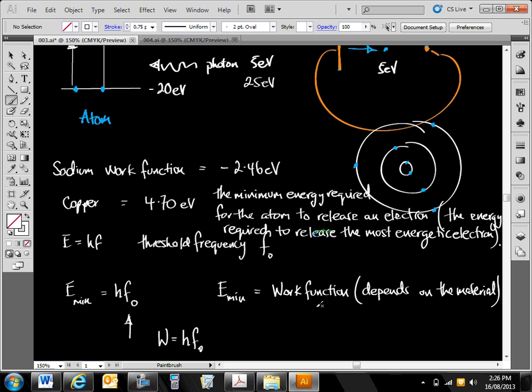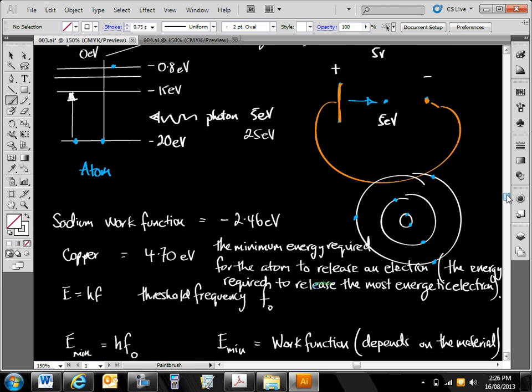Does that sound contradictory? Minimum energy required for the atom to release an electron, but it's also the energy required to release the most energetic electron. Doesn't sound very good, does it?